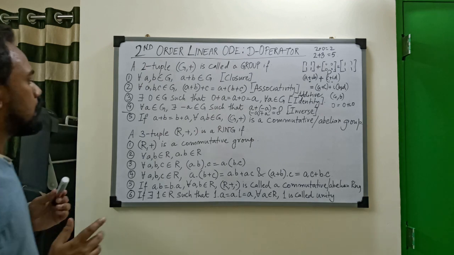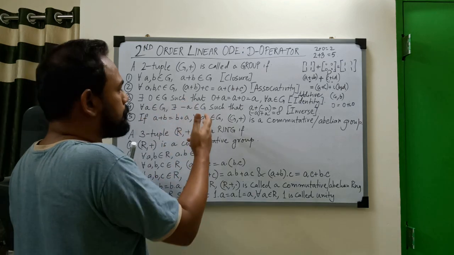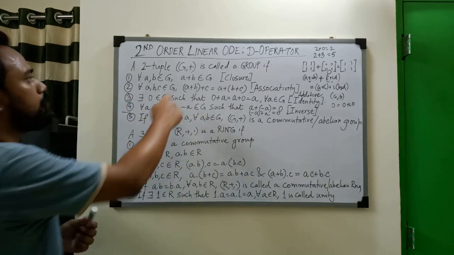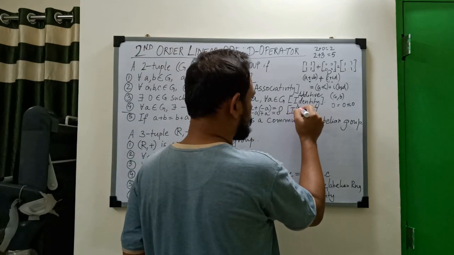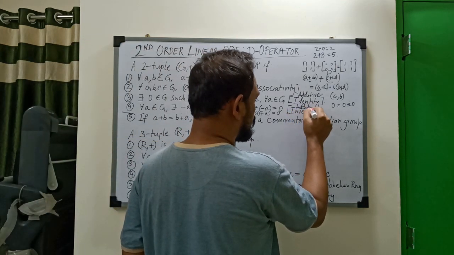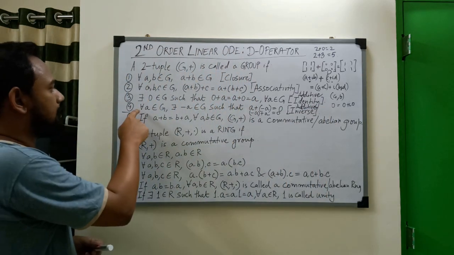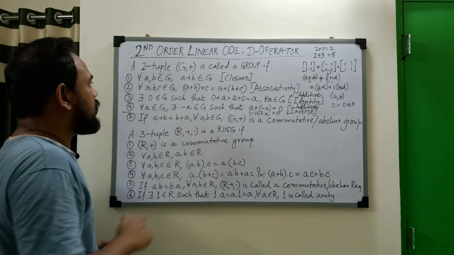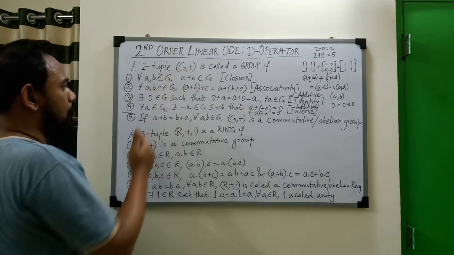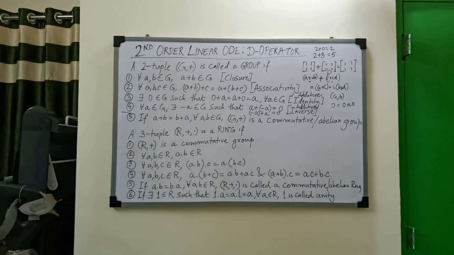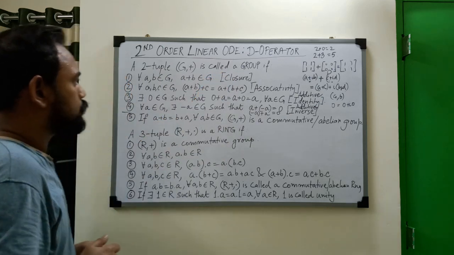If you can find such an element, then that element would be called the inverse. And since we're using addition, we would call it the additive inverse. And this should happen for all elements. So if G and the plus sign defined on it follows all these 4 properties, then this will be qualified as a group.